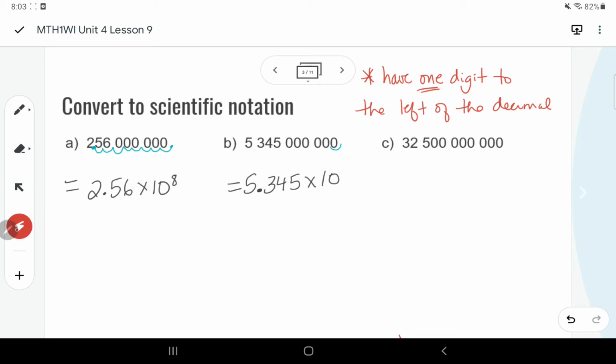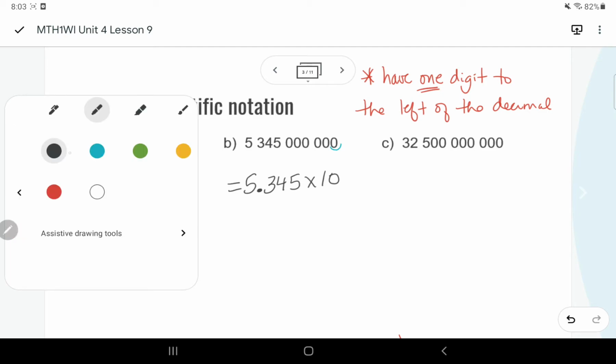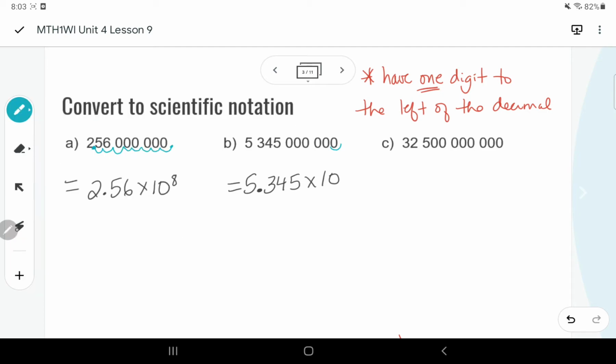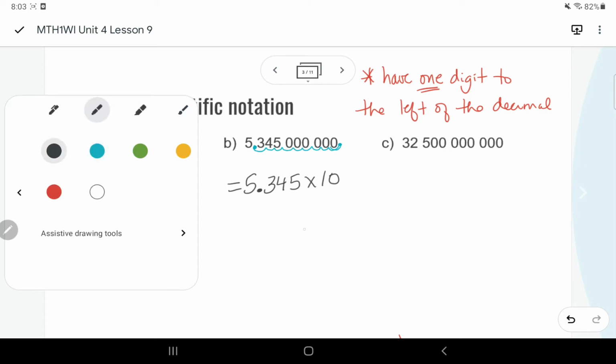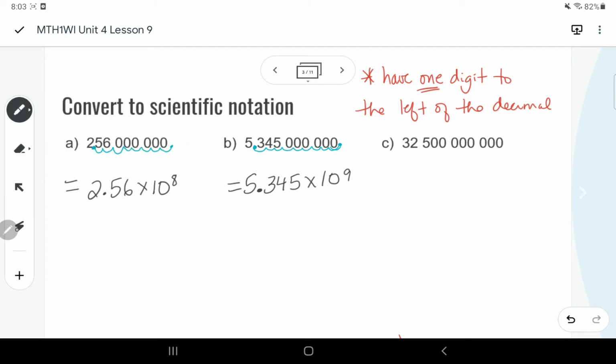How many steps would I have to move that decimal place to get back to the original? So if my decimal was here, we'll count the steps, and it's 1, 2, 3, 4, 5, 6, 7, 8, 9 steps. So that would be my exponent on my 10.